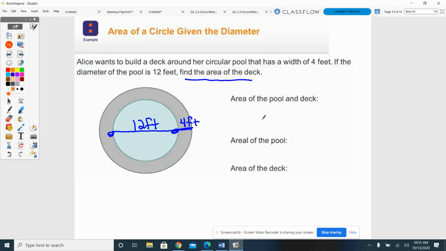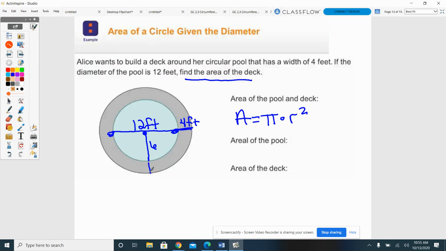Well, first, let's find the big circle first, okay? The area of the pool and the deck, that's going to be pi times the radius squared. Well, what's the radius of the big outside circle? And we have to be careful here, okay? So from here to here, it'd be half of the diameter, which is 6.